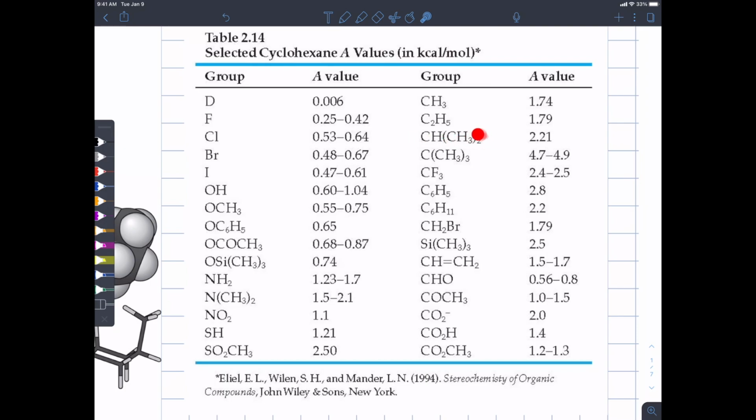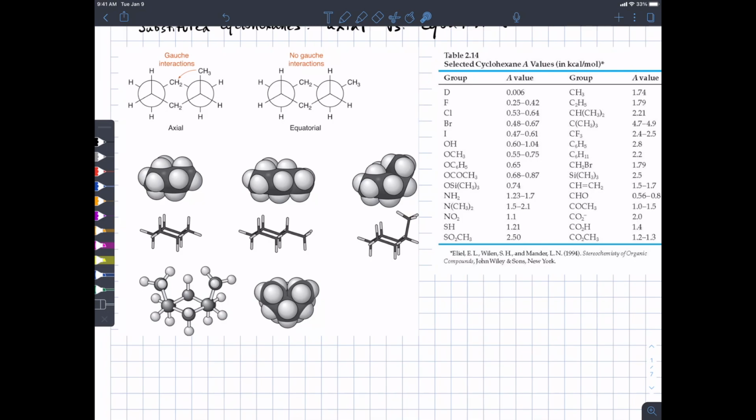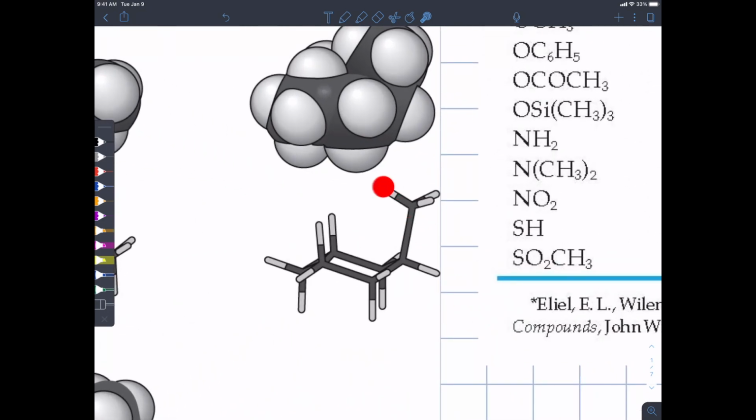You start to introduce branching with this isopropyl group and it gets worse, and then another branch group and it gets even worse. And the differences here are all about the group you've attached to the ring being able to rotate to get whatever's here out of the way.